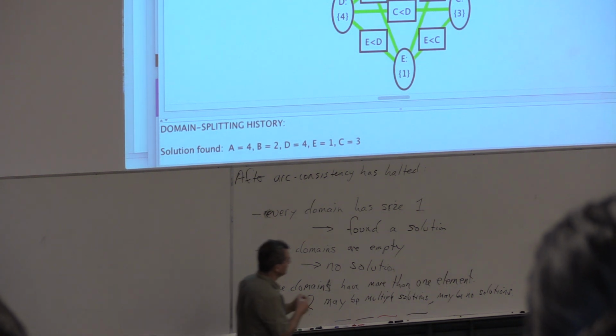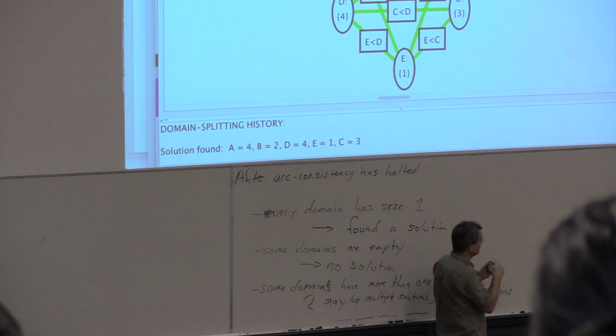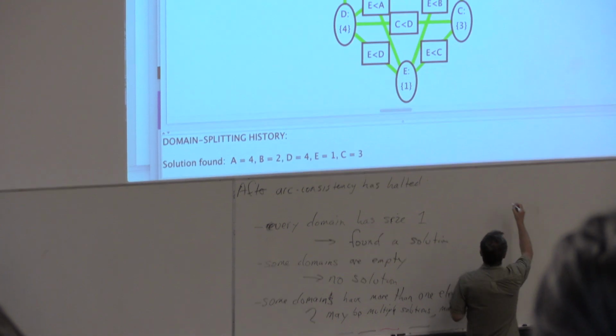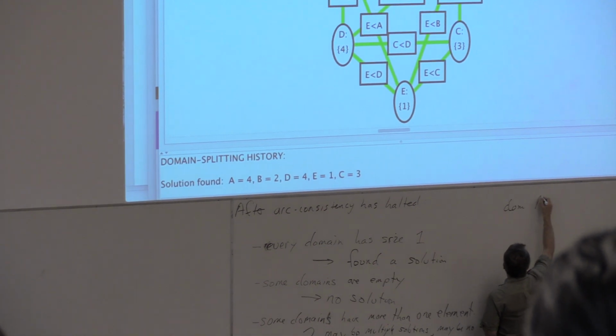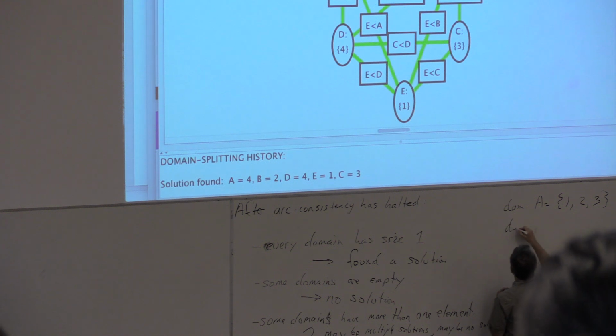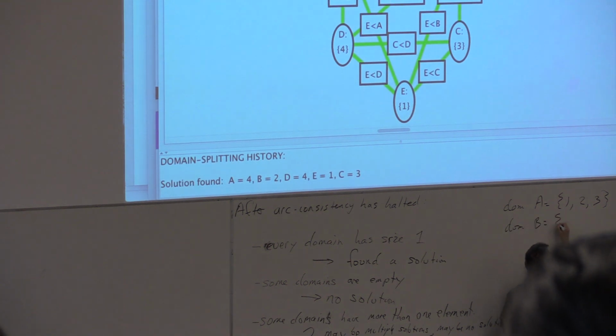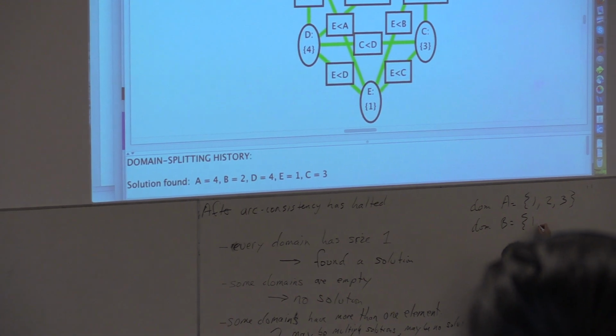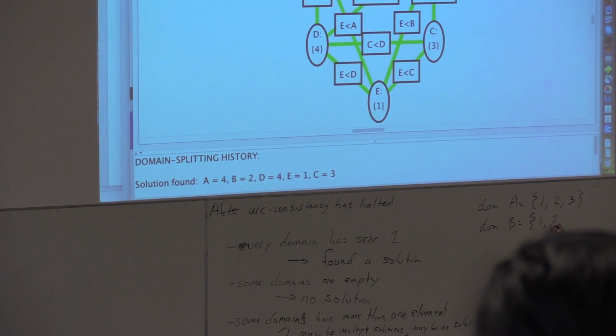So the domain of A is 1, 2, 3. The domain of B equals 1, 2, 4.